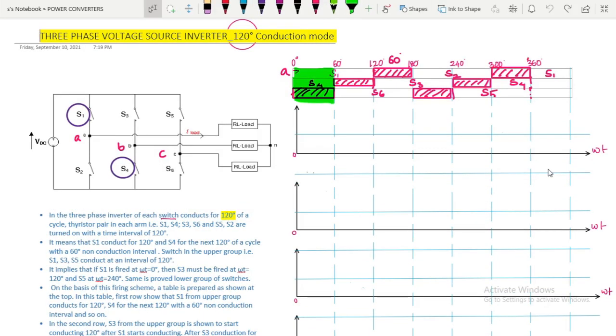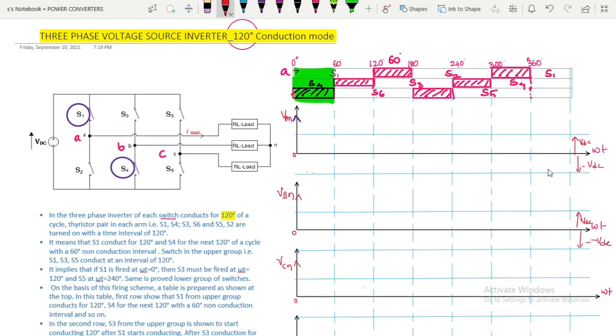Let us draw the phase voltages VAN, VBN, VCN. This is the magnitude for VDC, and this is for minus VDC.